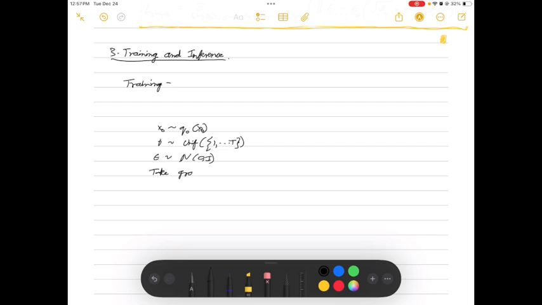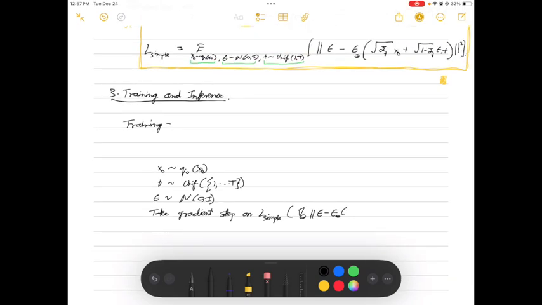Now that we have this, we can train the model by taking a gradient step on the L simple loss. More formally, we compute the gradient with respect to theta of the terms which are inside this expectation. So that's the training step.